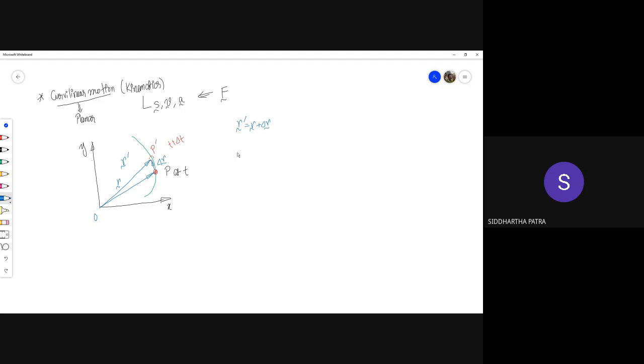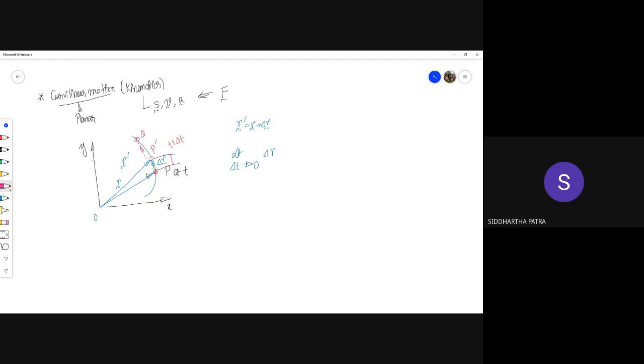Now in the limit delta t tends to 0, delta r, you see, if I, instead of measuring the actual vector that represents displacement, for example from P, if the particle were to move to a different location called Q, I would have this as the displacement. Okay, so that would be the delta r.